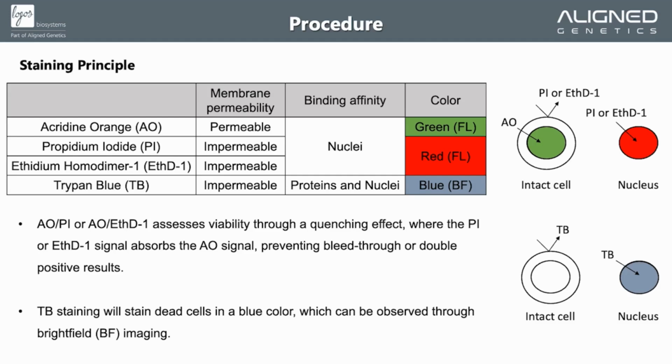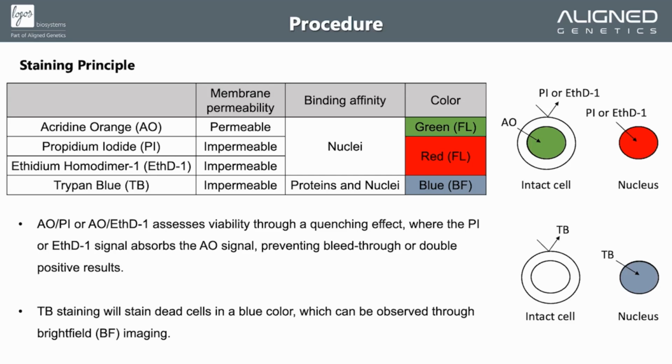On the other hand, propidium iodide, PI, and ethidium homodimer are impermeable to cell membranes, and they can specifically bind to nuclei. Both PI and ethidium homodimer emit red fluorescence upon binding to DNA. AOPI or AO ethidium homodimer dye combinations are commonly used to distinguish between live and dead cells based on their permeability and quenching effect.